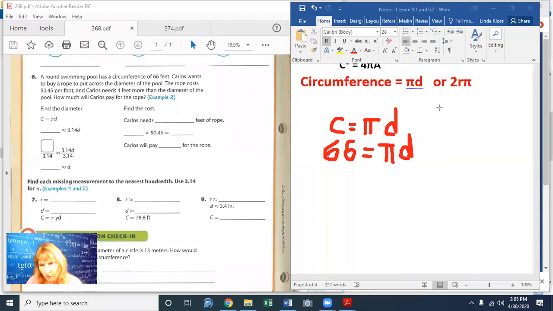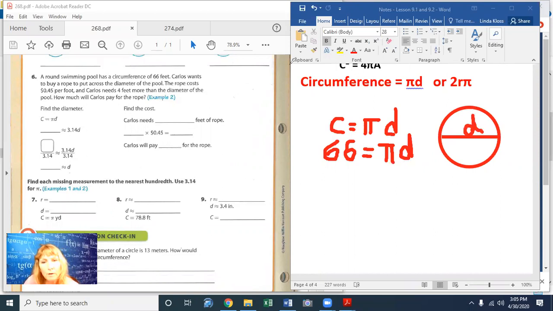Sometimes it's helpful, especially with word problems, to draw a little picture. We're talking about a pool that has a diameter of something we don't know, but all the way around it is 66. So how would I solve for d?